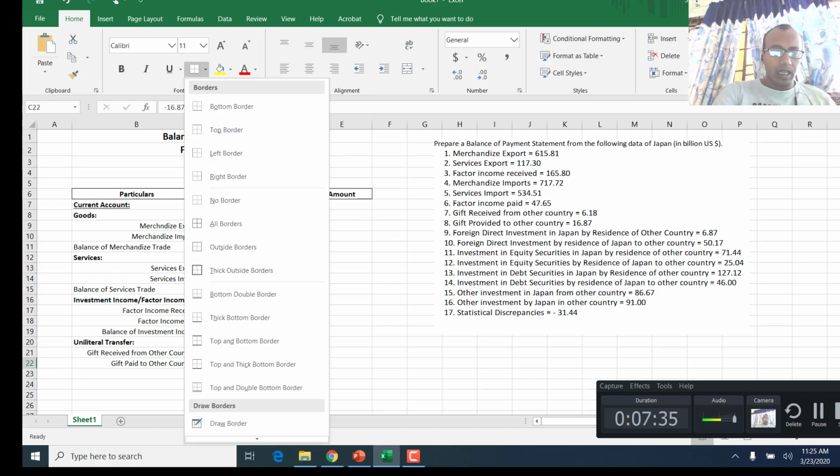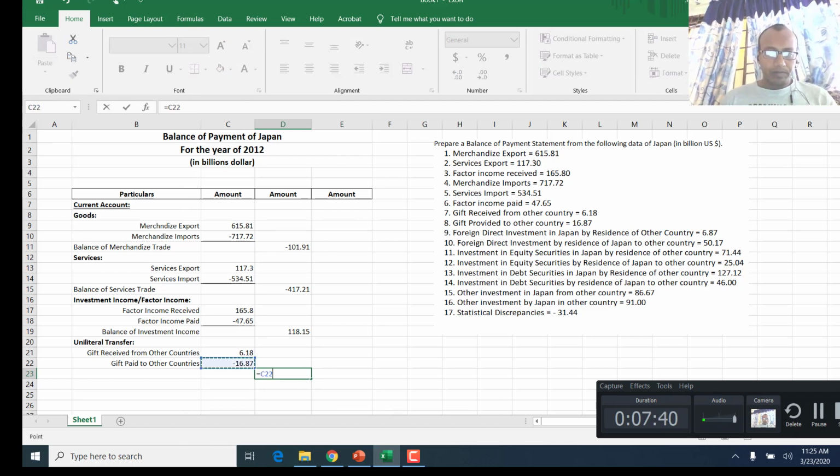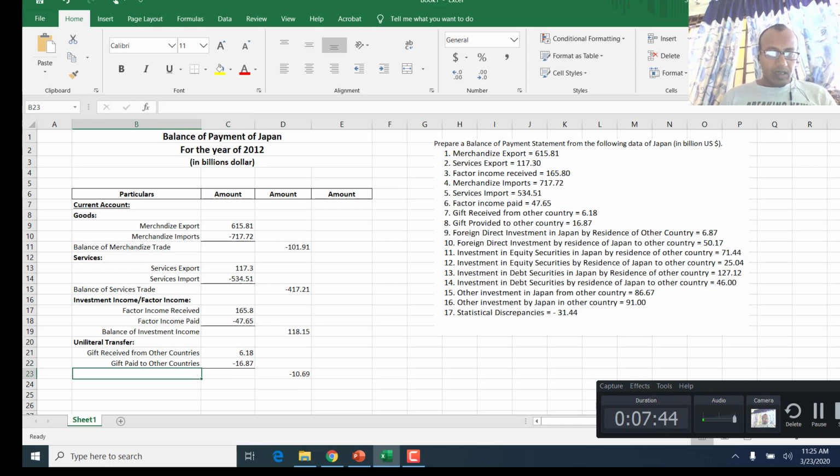So this is the underline. Then the balance of these two is the balance of unilateral transfer.